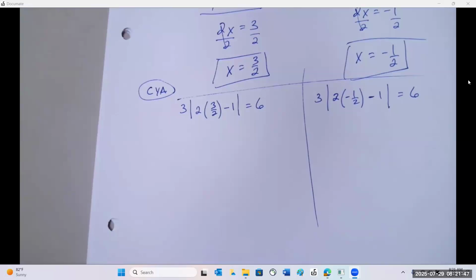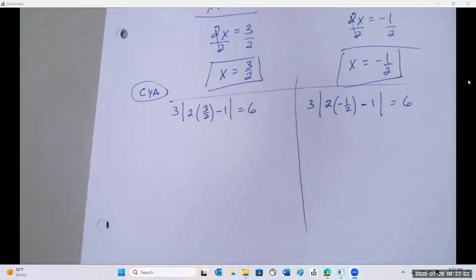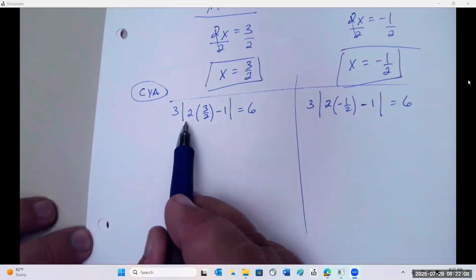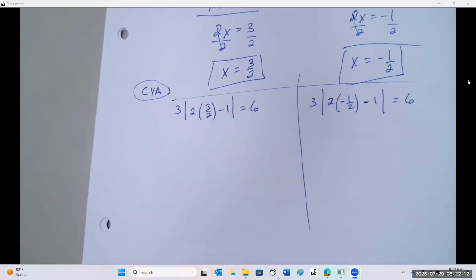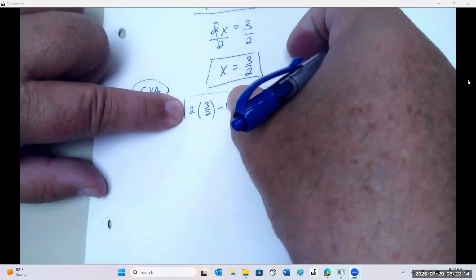So what's my first step now? How to solve this? We're not solving. We're now checking the answers. There's no x to solve for. Order of operations. You do the inside the absolute value first. What can we do inside the absolute value?